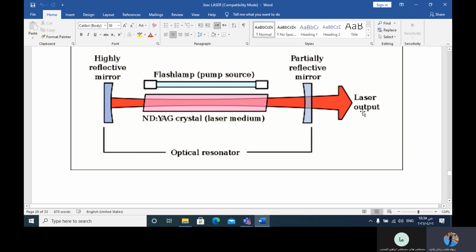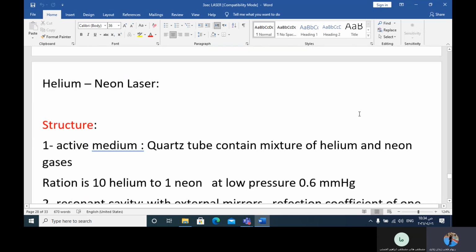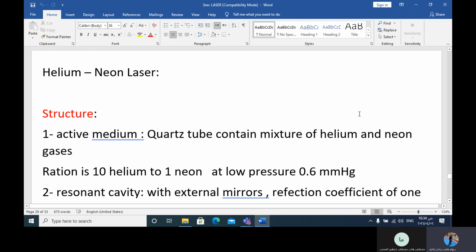Now we have discussed the general idea of any laser, its structure and how it works. But we now need to look at a specific type of laser and investigate in some detail its structure and mechanism, how it works, and so on.